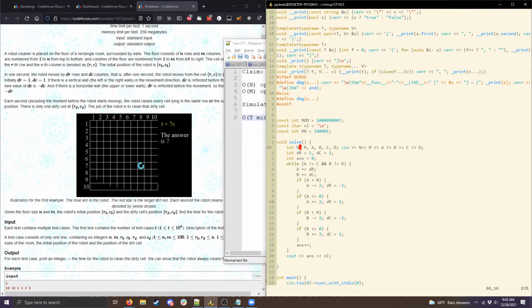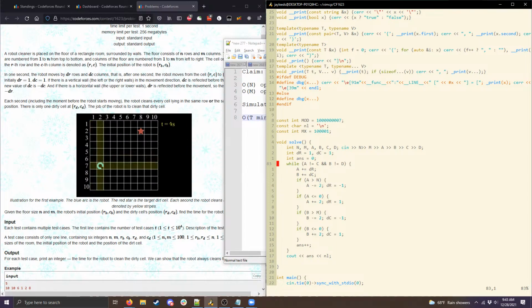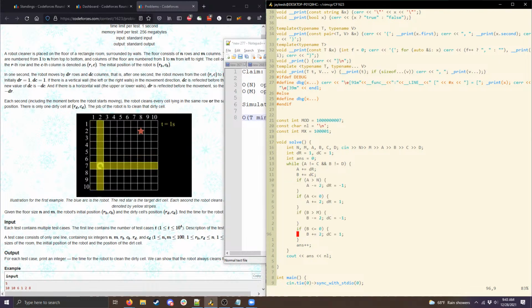Here I maintain A and B. A, B is the robot's position, C, D is the position of the dirt. And while we can't clean the dirt, I move the robot, and if our current move takes us out of bounds, then I adjust the directions that we're moving in accordingly.